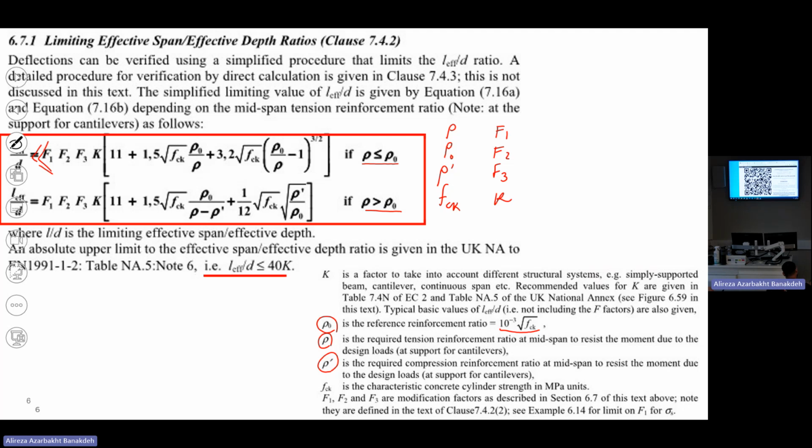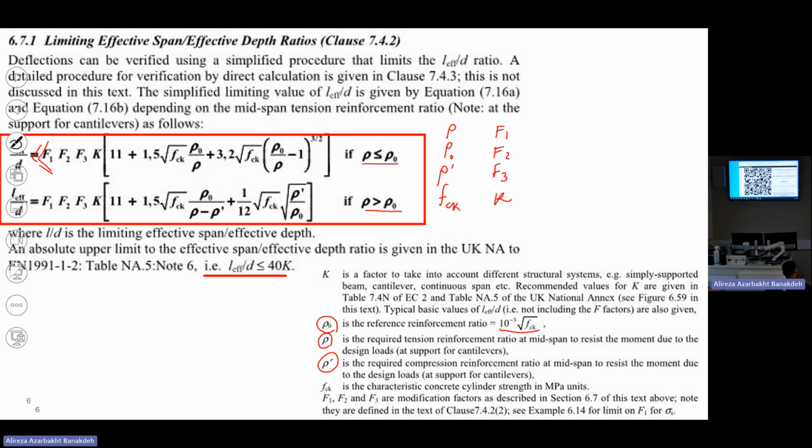What does it mean if we are not fine? What should you do? You should change the section to make it more stiff. You should increase the stiffness to decrease the deformation, right?